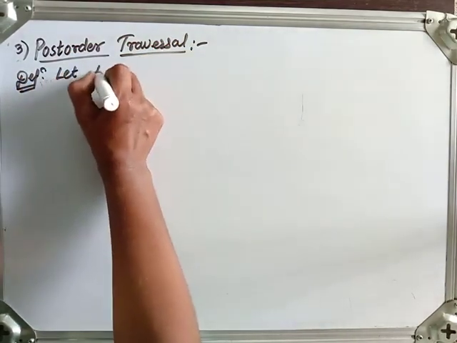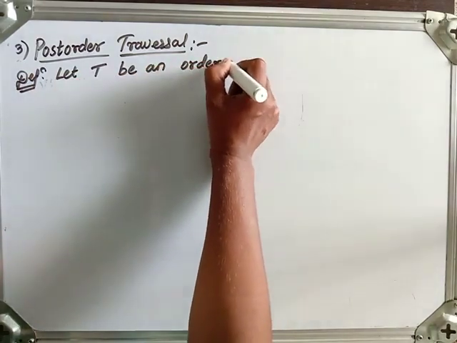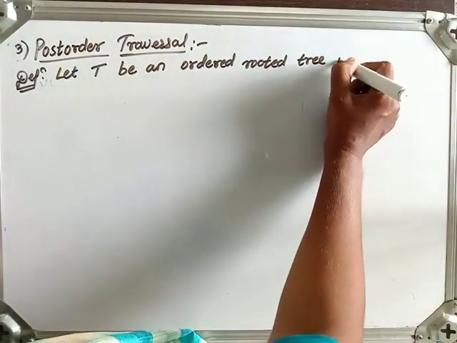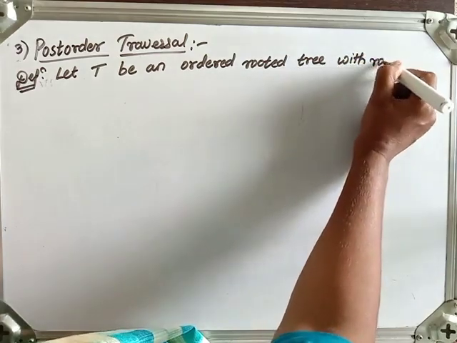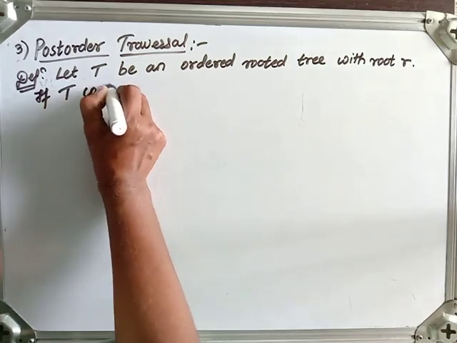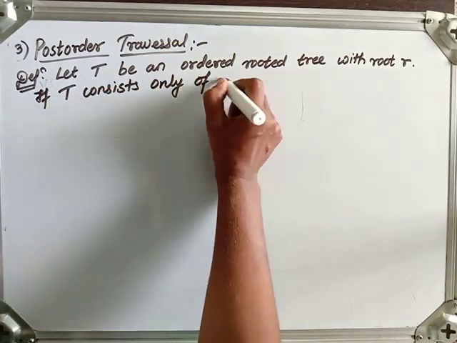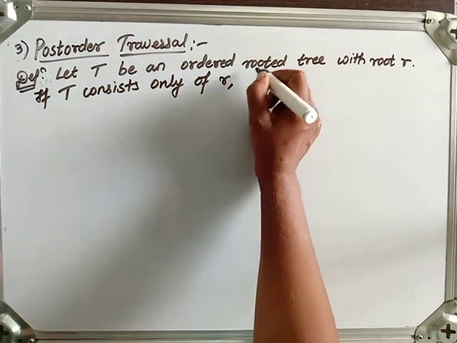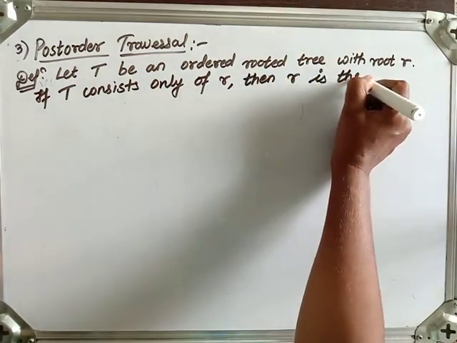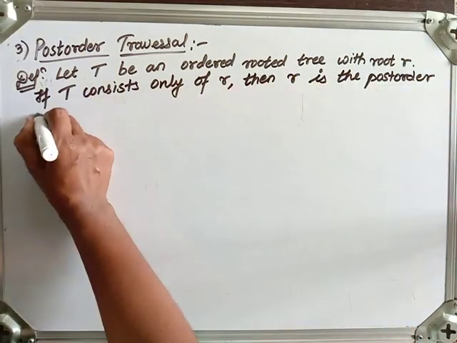Let T be an ordered rooted tree with root R. If T consists only of R, it will be a singleton, an isolated tree, then R is the post-order traversal of T.